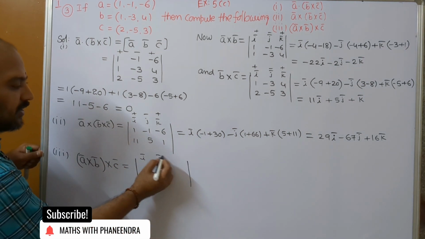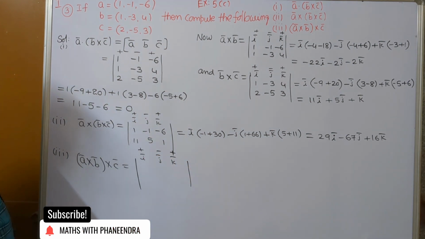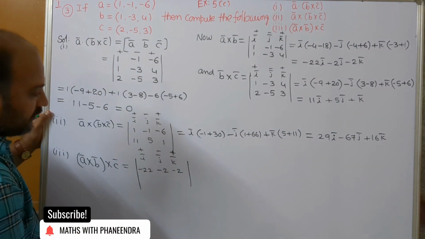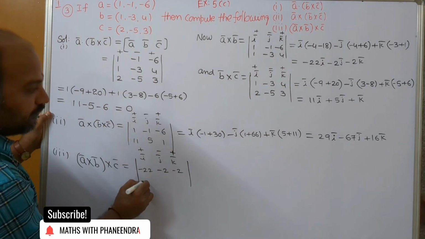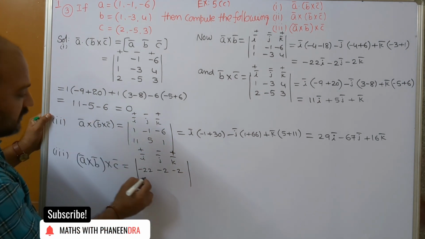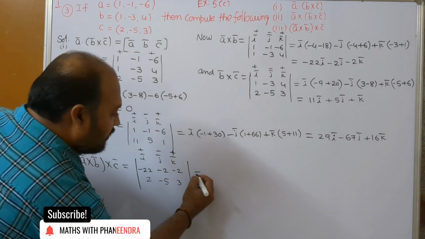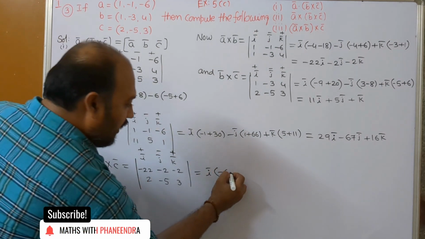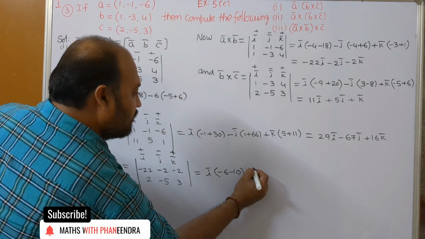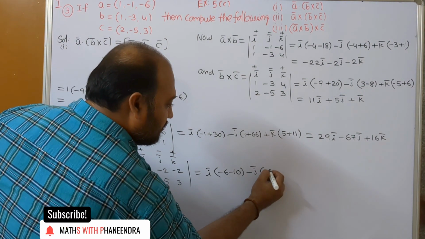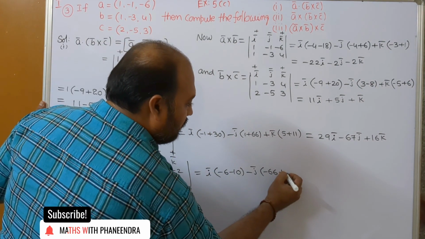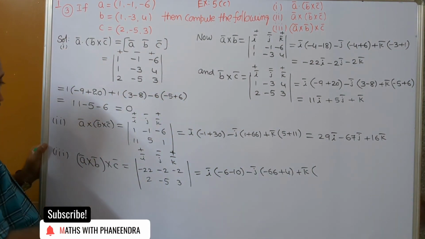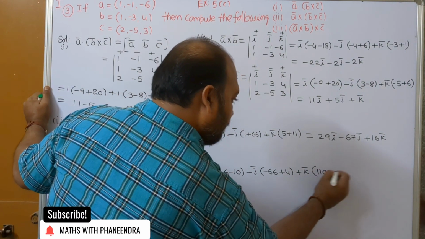So I, J, K. A bar cross B bar we have: minus 22, minus 2, minus 2, and C bar value, 2, minus 5, 3, which is equal to I minus 6, minus 10, minus J, so minus 66 plus 4, plus K into 5 to the 10, so 110 plus 4.